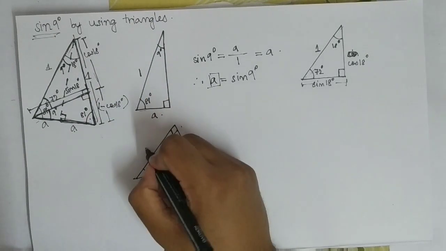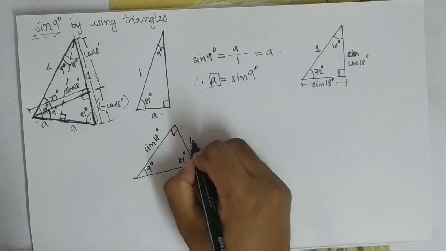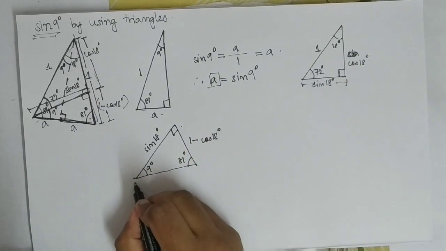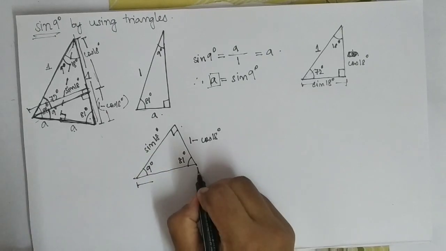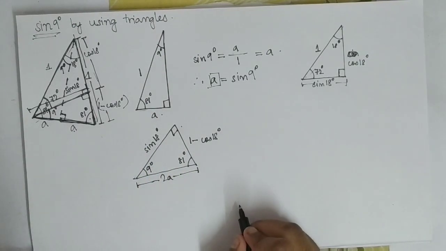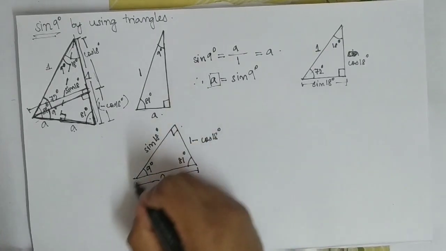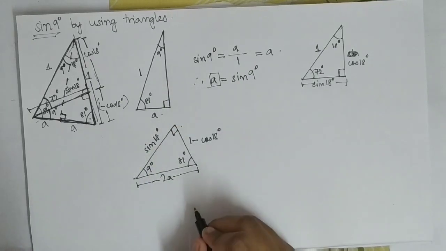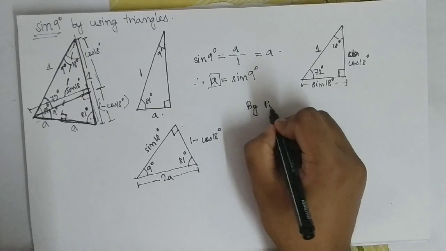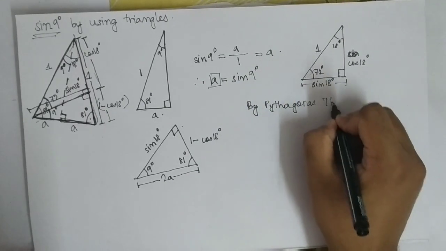Just now I found out this side to be sine of 18 degrees, while this side to be 1 minus cosine of 18 degrees. While I know the total dimension of this side is 2A units. Right? Now this is a right angled triangle. So by Pythagoras theorem I can write a relationship between its sides.